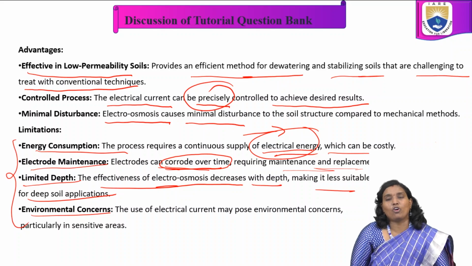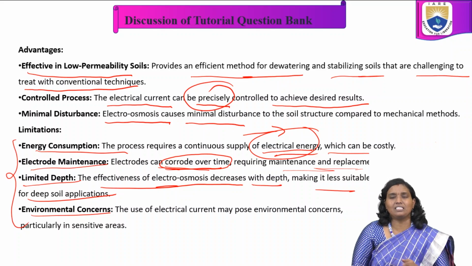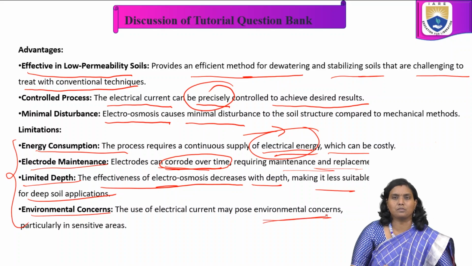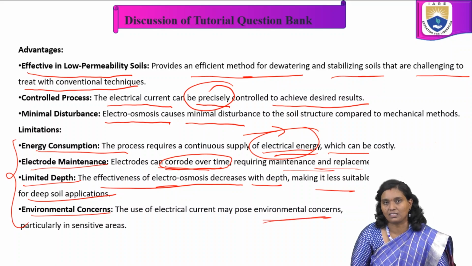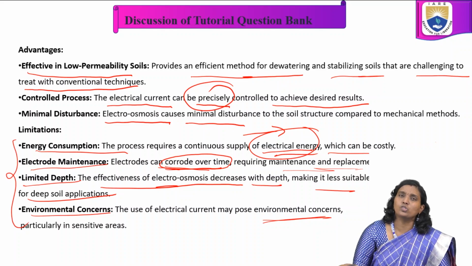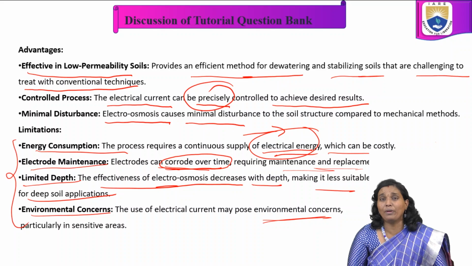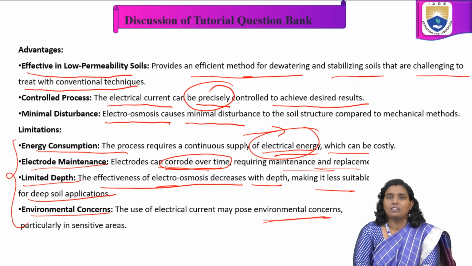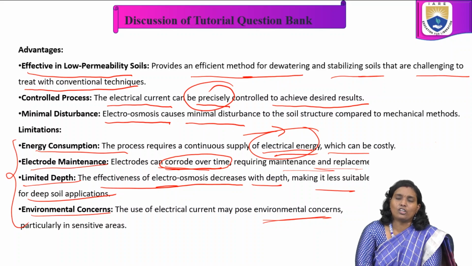And also environmental concerns: the continuous use of electricity creates some environmental concerns, particularly in sensitive areas. The consumption of energy is also one of the environmental concerns. So this is also one kind of limitation we observe in electroosmosis.